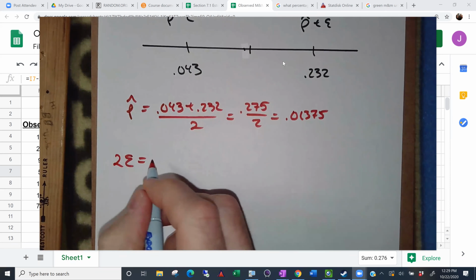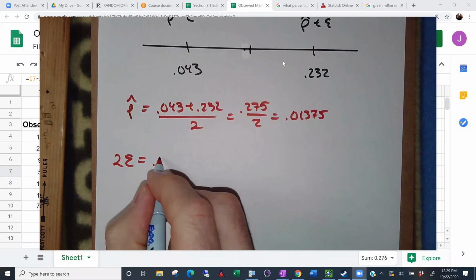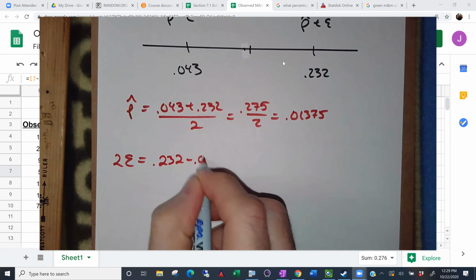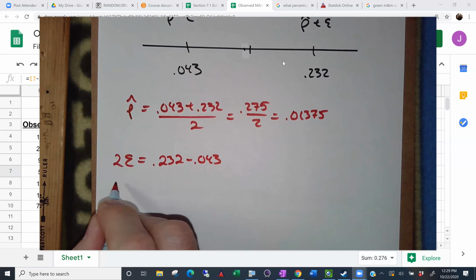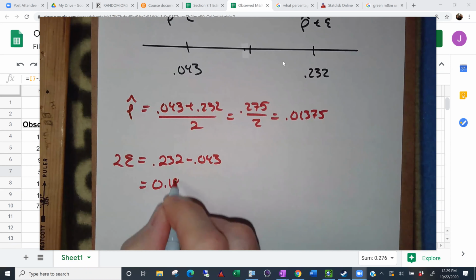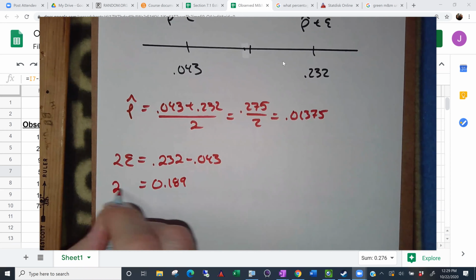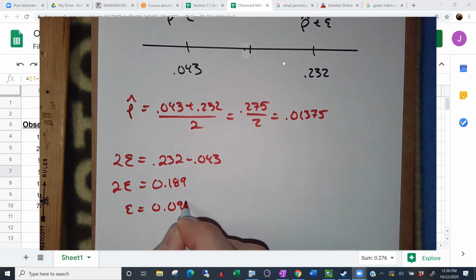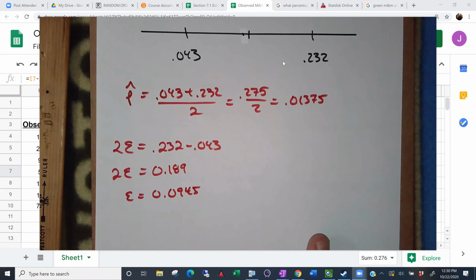Twice E is going to be 0.232 minus 0.043. So that's going to give me 0.189. And if I divide that by 2, it's going to be 0.0945. Yeah, there we go. So that's E. So you can reverse engineer these things if you need to.